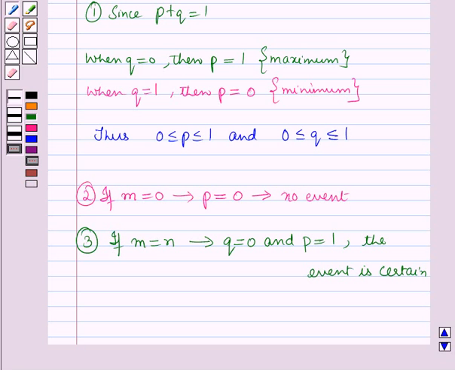For example, the probability of drawing a silver coin out of a bag containing all silver coins is 1. Therefore, the event is certain.